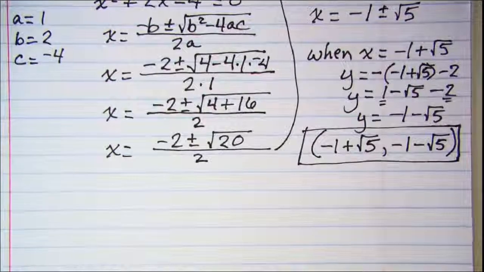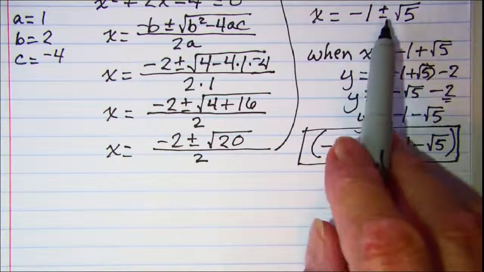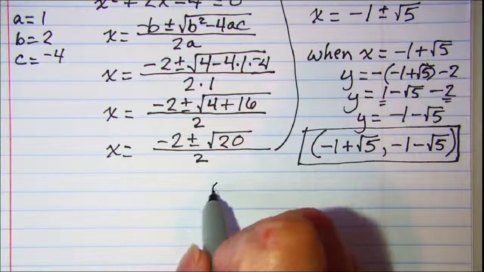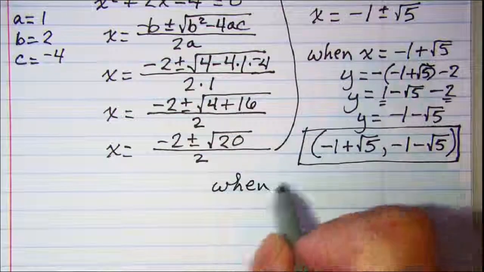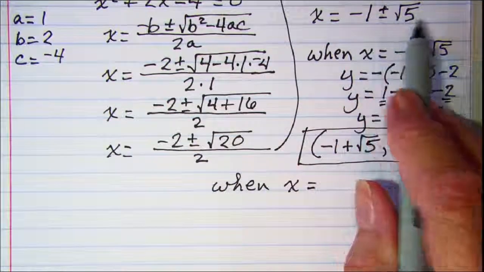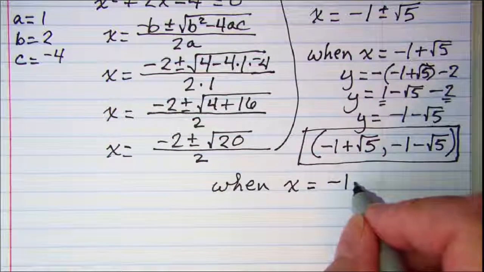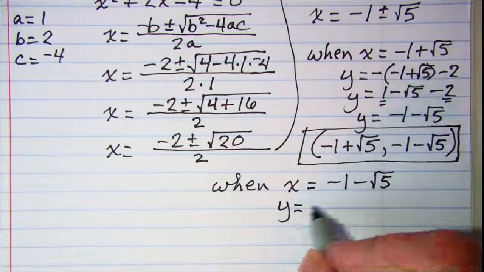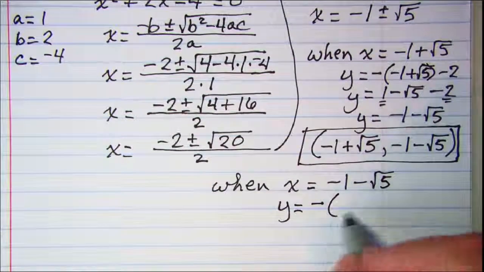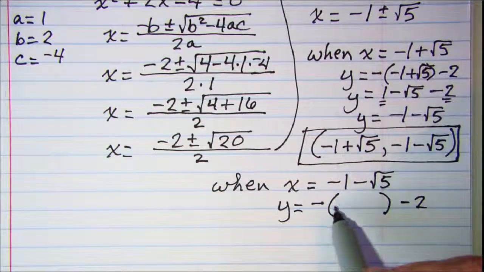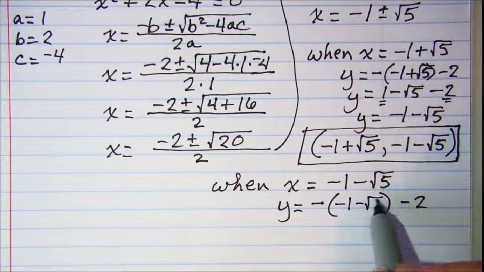Do the same thing for the negative part of this. When x equals negative 1 minus root 5, y is equal to a negative and then the x value and then minus 2. The x value was negative 1 minus root 5.